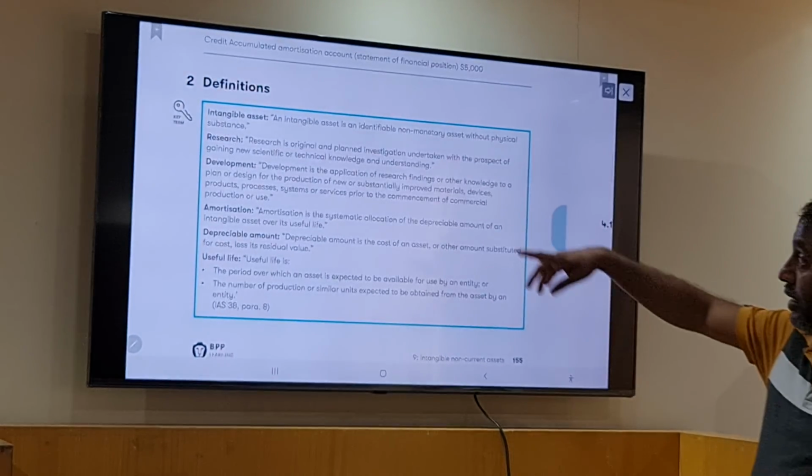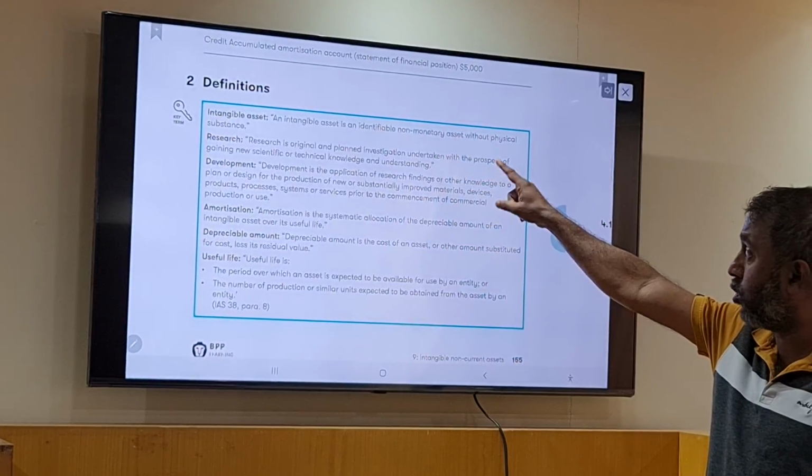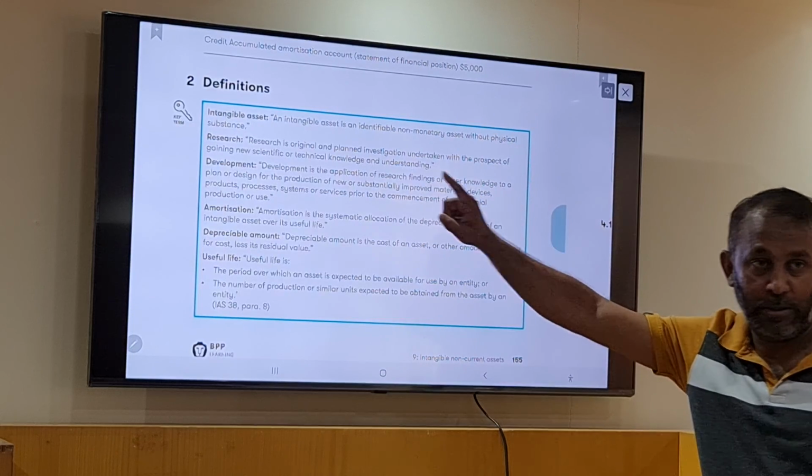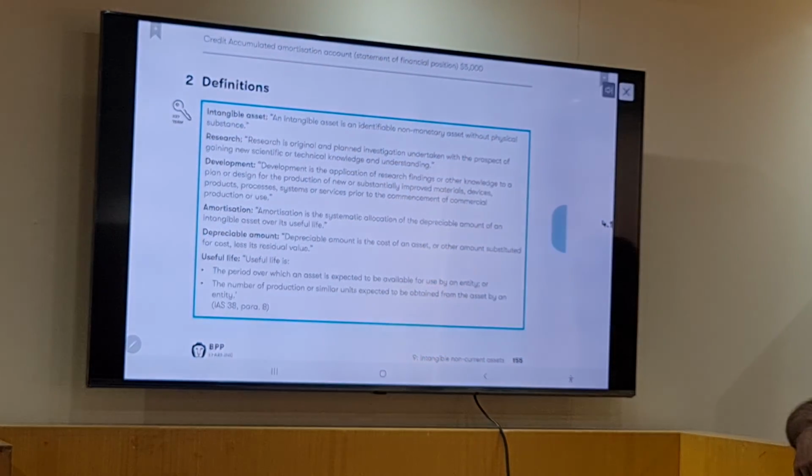See the definition. An intangible asset is an identifiable non-monetary asset without physical substance. Research is an original and planned investigation undertaken with the prospect of gaining new scientific or technical knowledge and understanding.